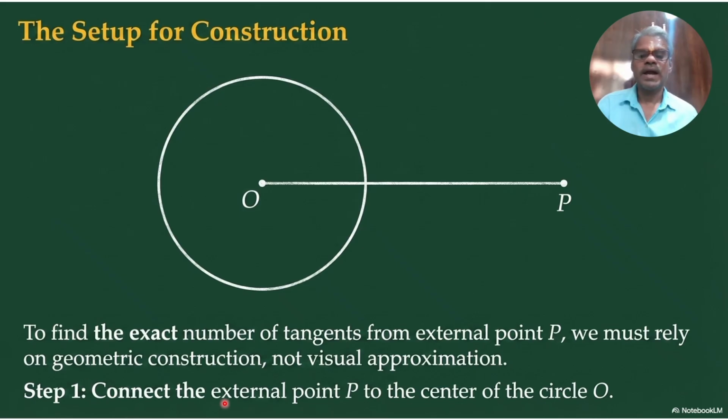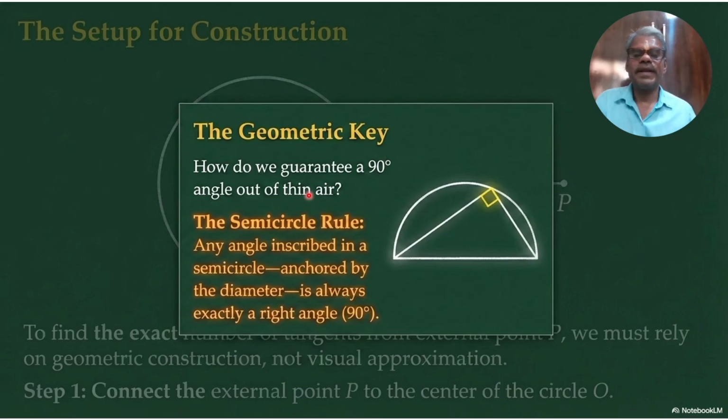Step 1: connect the external point P to the center of the circle O. The geometric key: how do we guarantee a 90-degree angle out of thin air? The semicircle rule: any angle inscribed in a semicircle anchored by the diameter is always exactly 90 degrees. We are going to use this property.